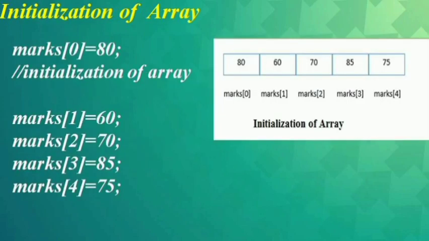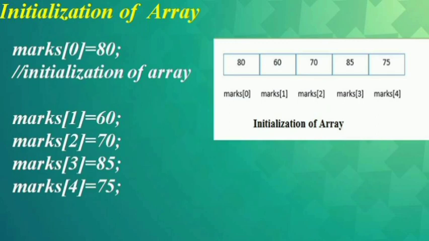Let's see initialization of C array. The simplest way to initialize an array is by using the index of each element. We can initialize each element of the array by using the index. Here one example is given. Here marks is array name, then the values 0, 1, 2, 3, 4 are index values.